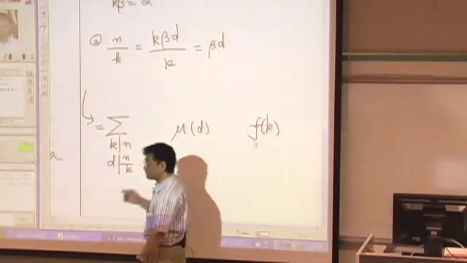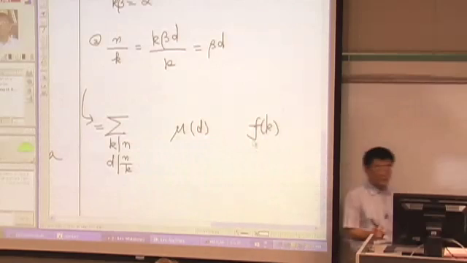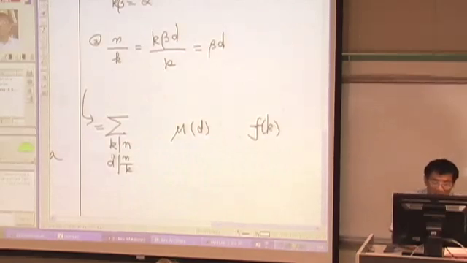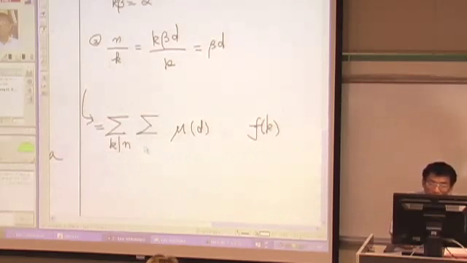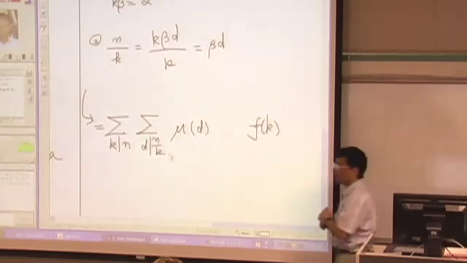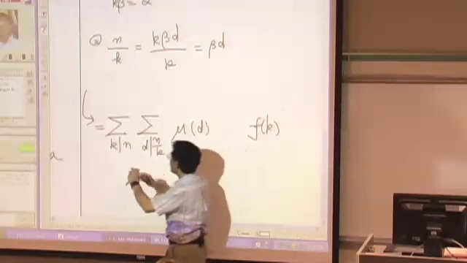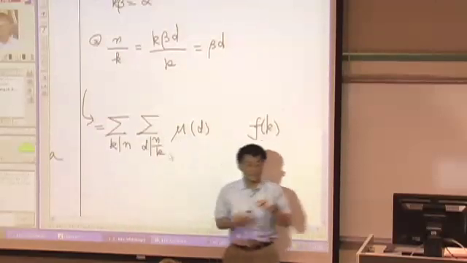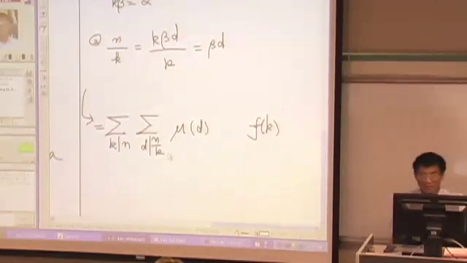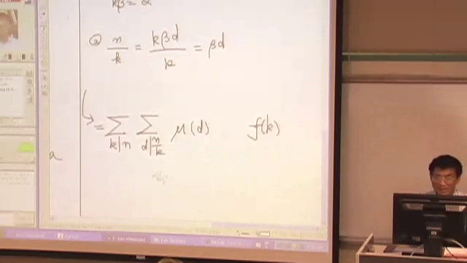But take a look. We can now use two sums instead of just one big sum. Any questions up to this point? So we wrote a big sum, and now we split it into small sums. Here, D is required, right?